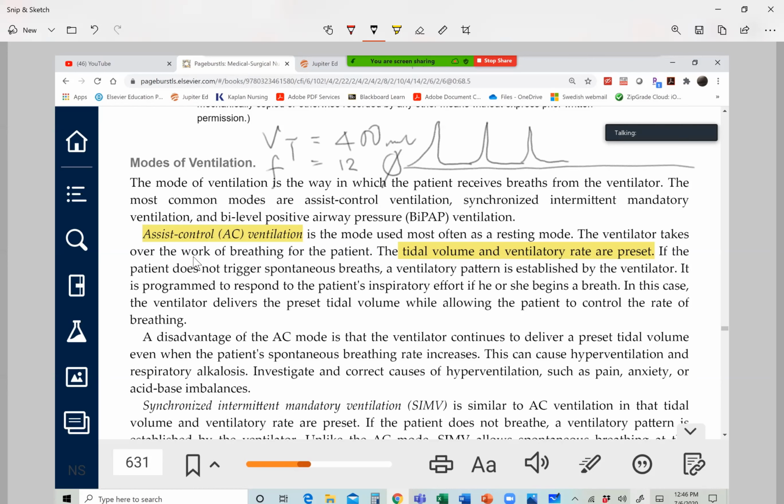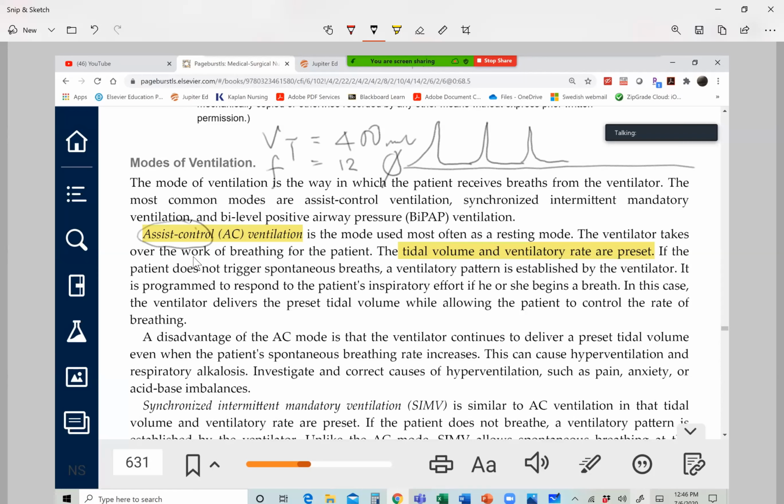So all good. However, the patient is allowed to breathe in this instance. In this mode, the patient can trigger spontaneous breaths, meaning in between ventilator delivered breaths, the patient can also take their own breath. Because this is assist control, by the term itself, it will assist the patient.